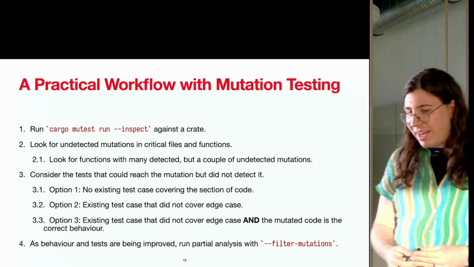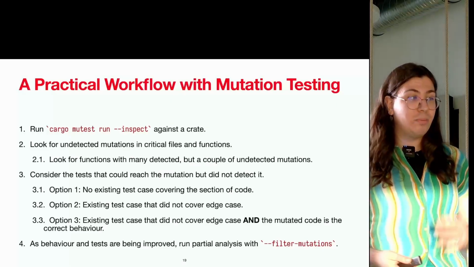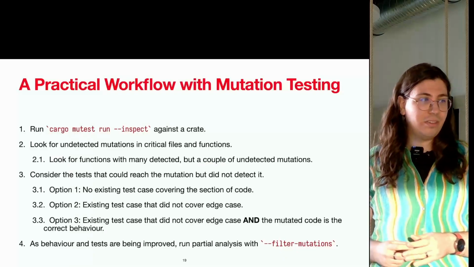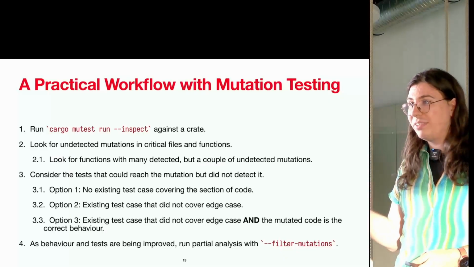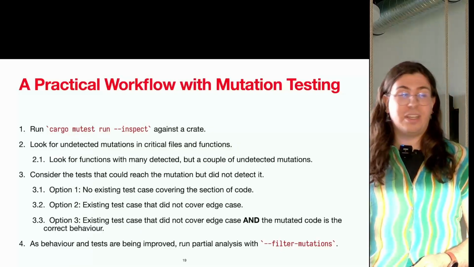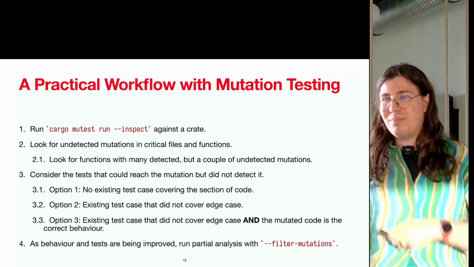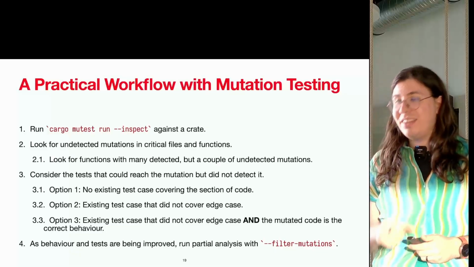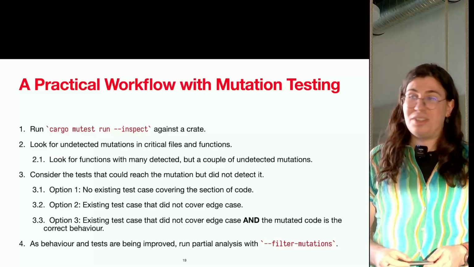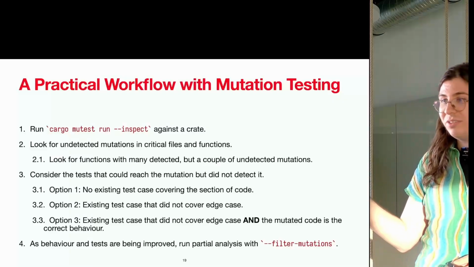And finally, as you constantly improve the behavior of the program and the tests, of course, you can run a partial analysis later on. So if you're, for example, changing just one particular file all the time, you don't have to be dealing with the entire project all at once. Then there's a handy flag called filter mutations, where you can specify exactly where you want mutations to be introduced.